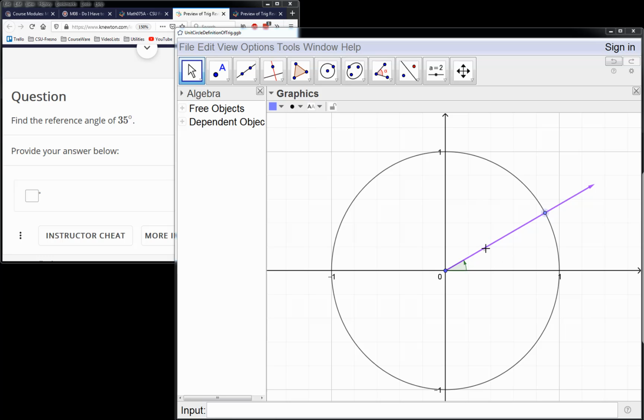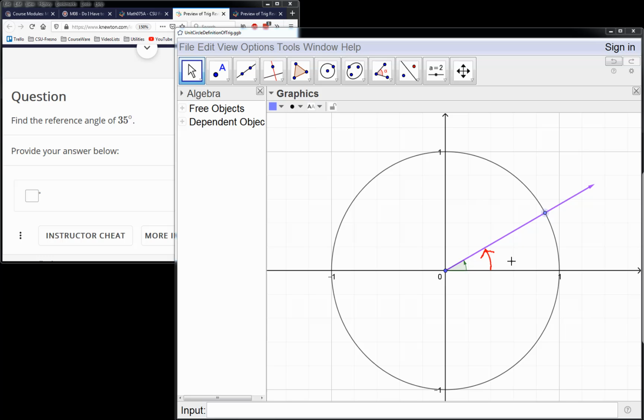So the idea is it's this angle right here.